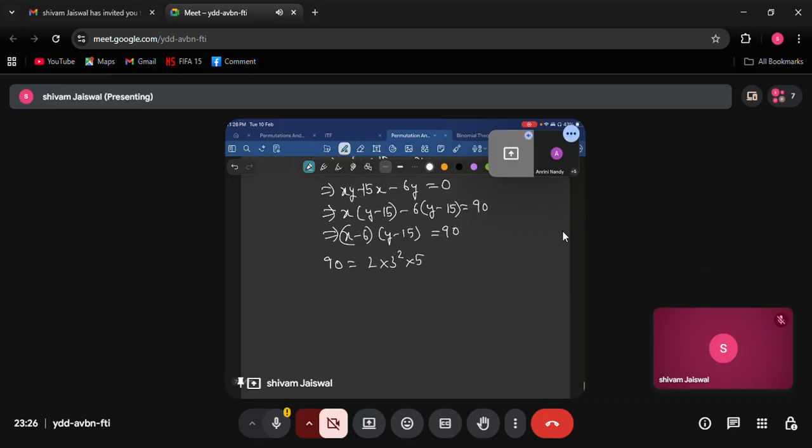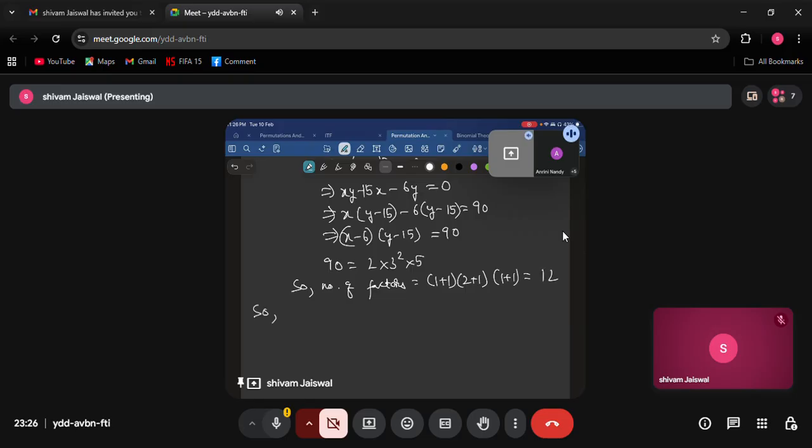Right, so what is the number of factors? Number of factors is equal to (1 plus 1) into (2 plus 1) into (1 plus 1), which is equal to 12.